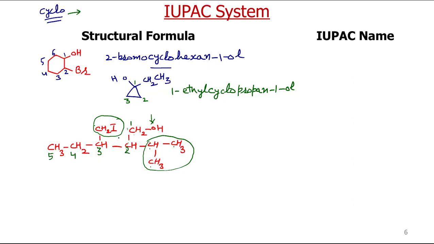Both start with I, but it is iodo and this is iso. O comes first, then S. So its name will be given first, then this. So it will be at the third position, 3.